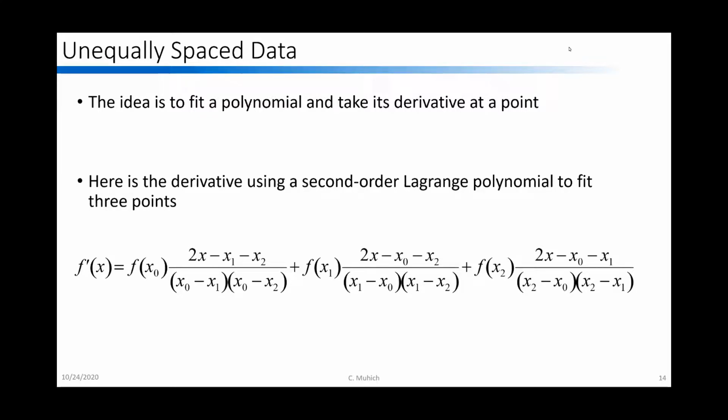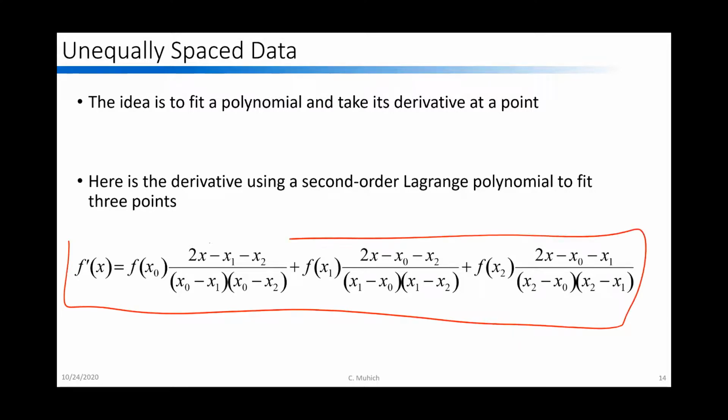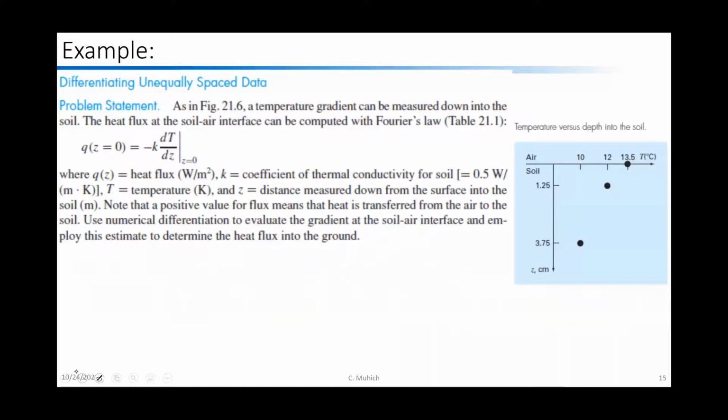So when I use my Lagrangian polynomial, I can then go in and take the derivative of the Lagrangian polynomial. When I do that, I get this formula. So I can say that my derivative is my function value at x0, x1, x2, multiplied by these formulas to take into account the unevenly spaced data. So let's take an example and put this into practice.